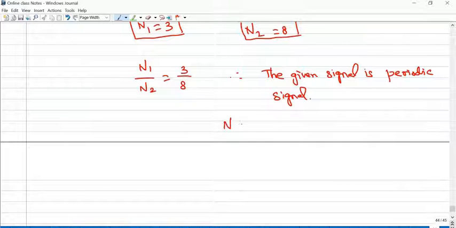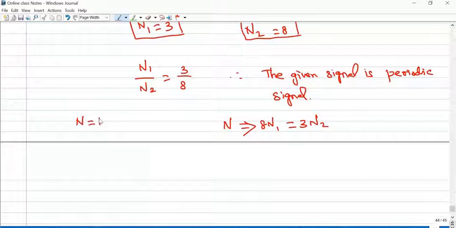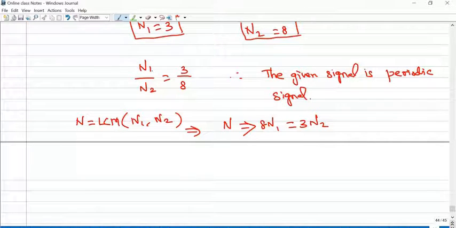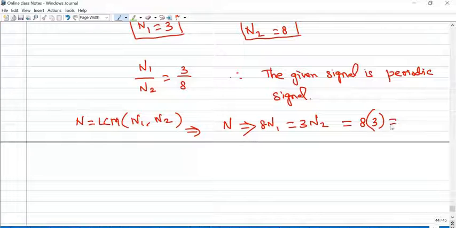So if we cross multiply these two expressions, 8 N1 equals 3 N2, you will get the same answer. 8 times 3, or 3 times 8, you will get the same result.